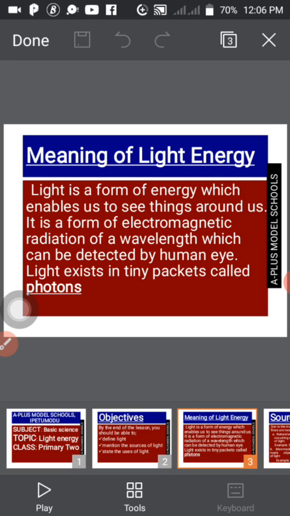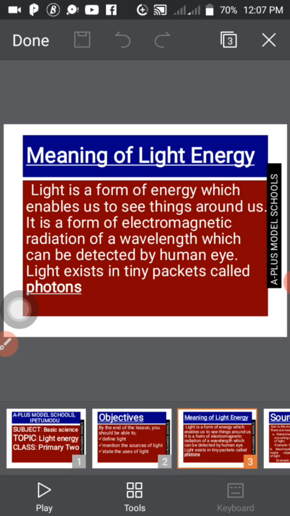We can only detect light with the help of our eyes. And light exists in tiny packets called photons. Light exists in tiny packets called what? Called photons. And light is the only form of energy that we can actually see directly.